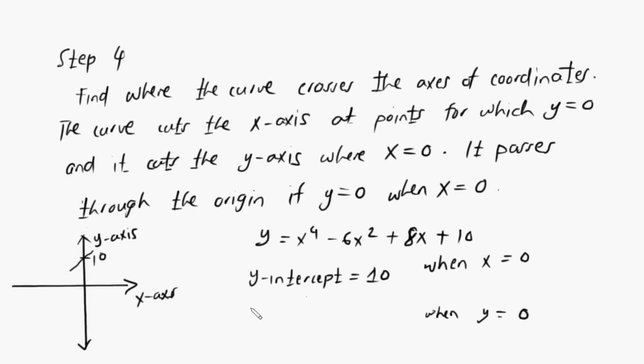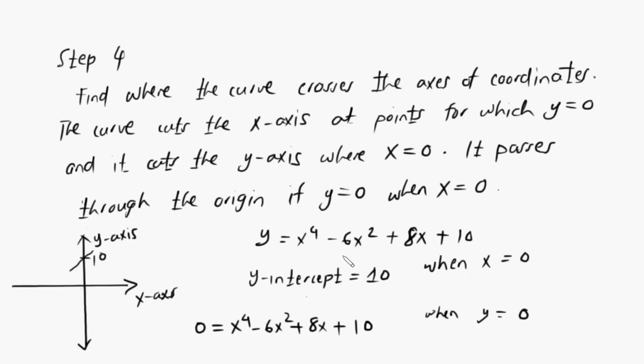So when y equals 0, nitakuwa na 0 is equal to x power 4 minus 6x squared plus 8x plus 10, okay? So you can see now, kupata x hapa ni changamoto, so tuiache tu. We'll just use the y-intercept and other information to draw the graph, okay?